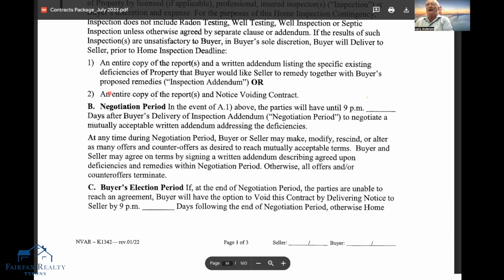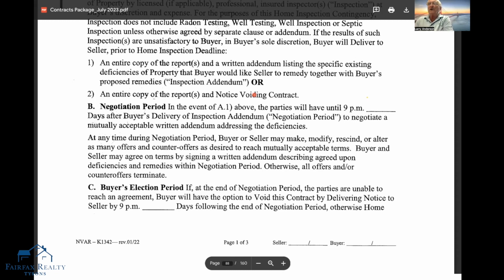An entire copy of the report and the notice voiding the contract, and you can attach the release of the contract form also. Now, notice kills, release just says, would you please let me out of the contract?